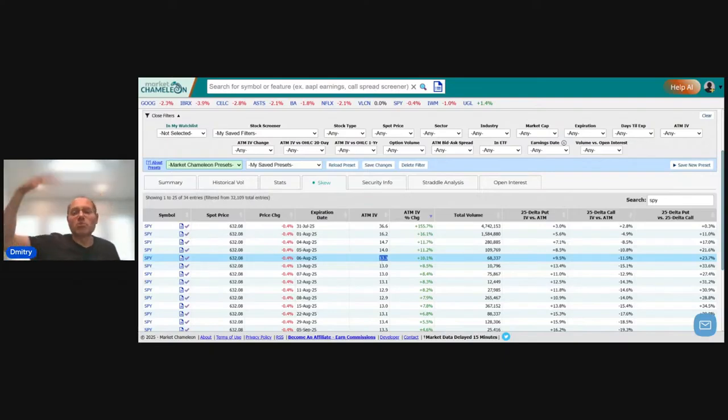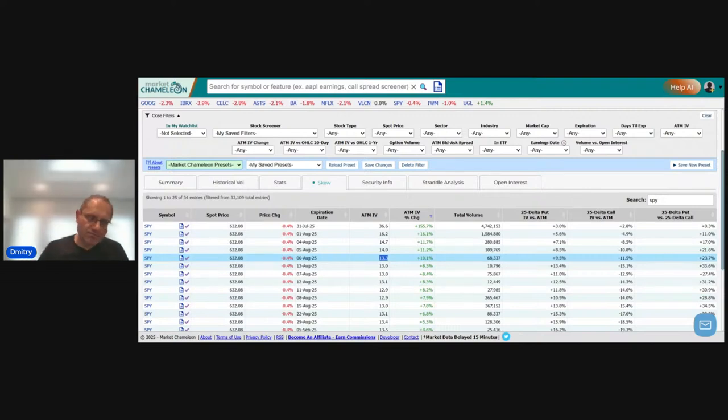So like a 1.3% high, it's like 14.3. So that's telling us that the implied volatility going to the downside is higher. It's skewed higher based on a 25 delta put.